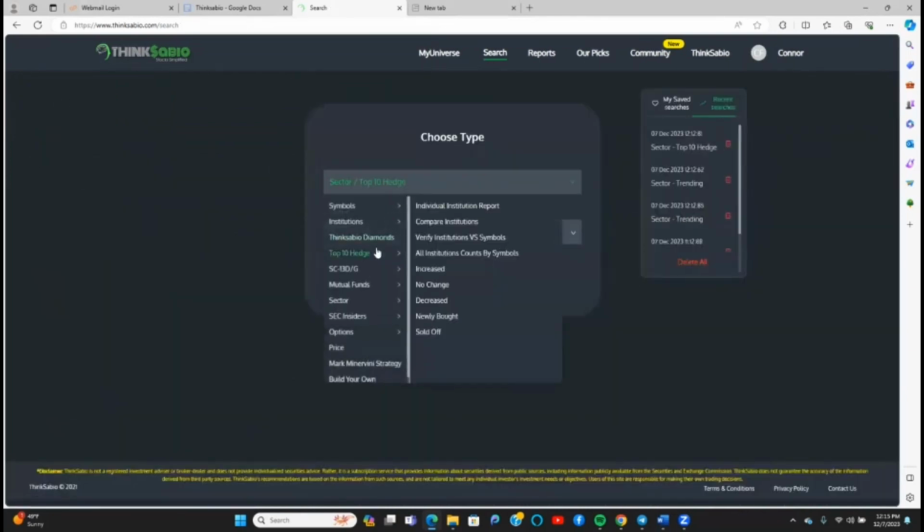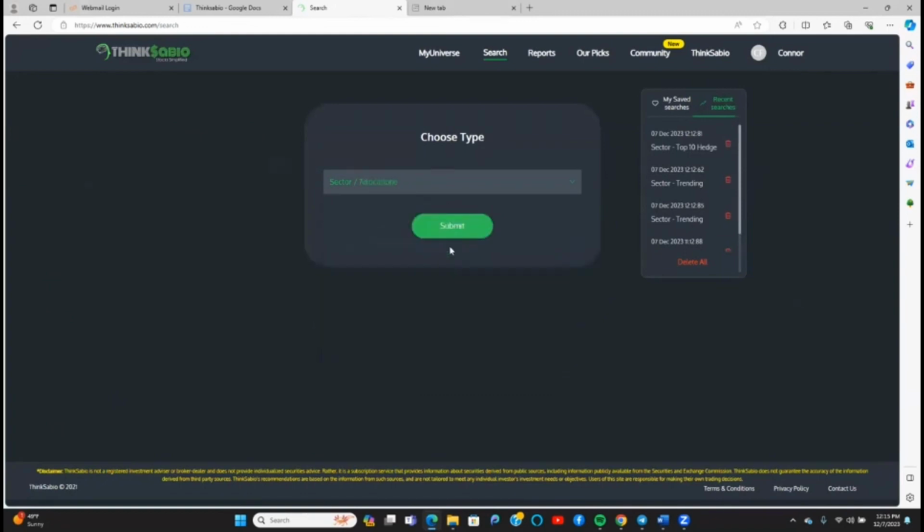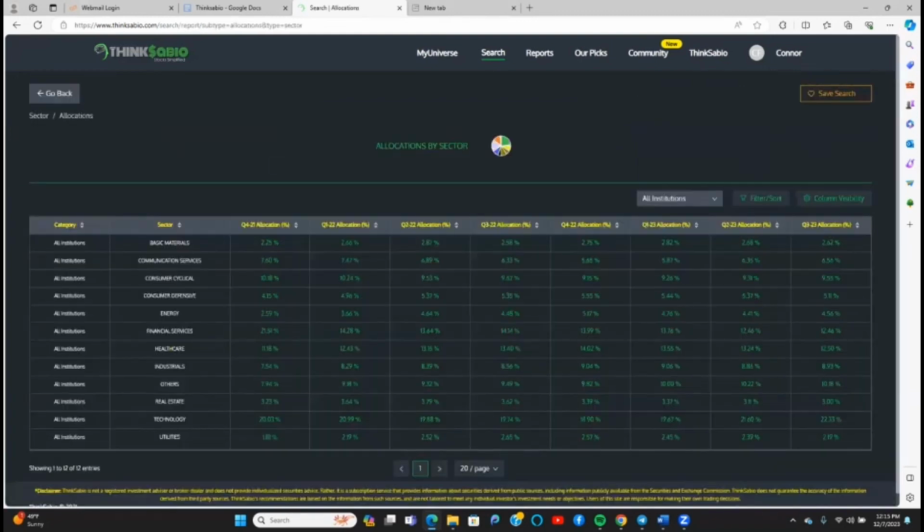And then last, but most definitely not least, we have allocations. This looks at allocations by sector, I should say. This looks at how major institutions in the stock market invest, how it varies by sector and how that compares over time.